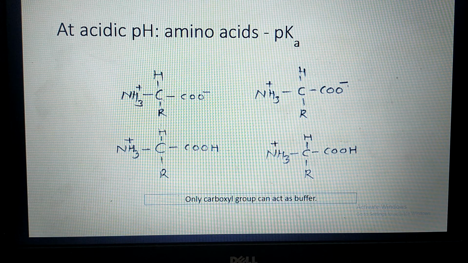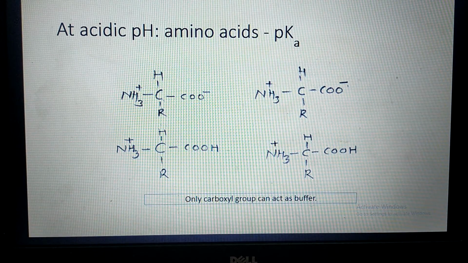Now pKa. pKa means, in the acidic range of pH, we have to adjust the pH in such a way that half of the carboxyl groups are ionized and half of the carboxyl groups are unionized. The pH at which this exists is called pKa.